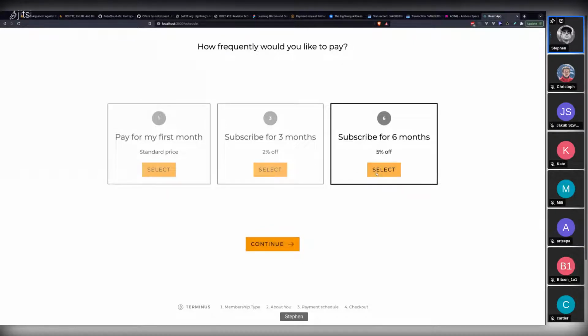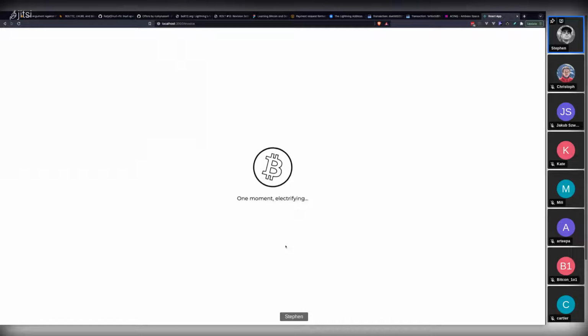We decided to make 9 pre-built Bolt 12 offers for ours. So I just selected I want to subscribe for 6 months, and I get a 5% discount perk for subscribing for 6 months. I don't actually have the back end running right now. I turned it off after the hackathon, so this loading screen is never going to resolve.